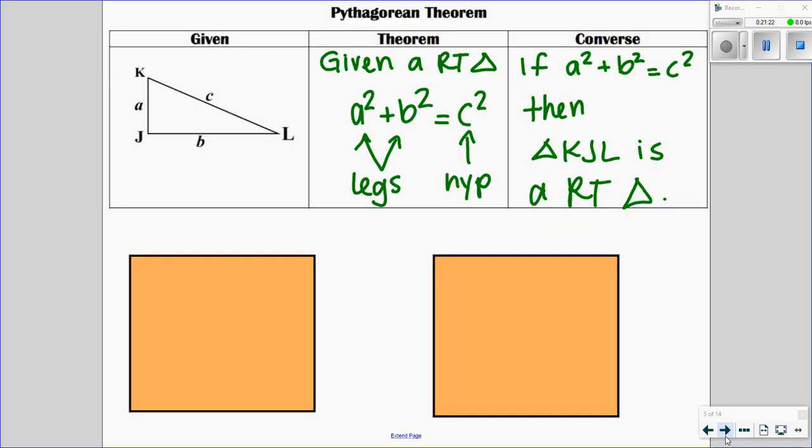We also learned the converse and the theorem. The Pythagorean theorem is a squared plus b squared equals c squared. That's if you have a right triangle, and if you can do a squared plus b squared equals c squared, then your triangle is a right triangle.